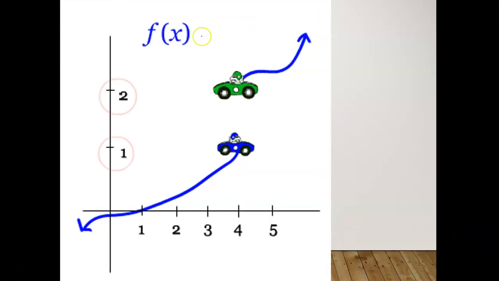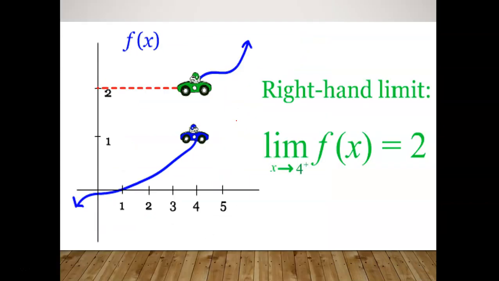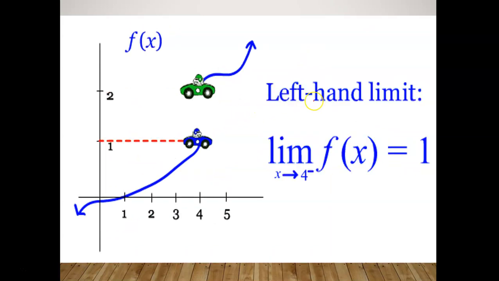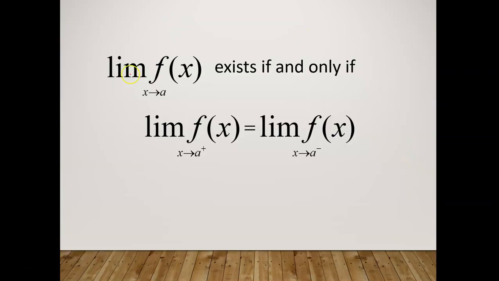You see here the green car and the blue car, they didn't meet at one destination. The right hand limit equals 2, the left hand limit equals 1. Since they are not equal, the limit does not exist.